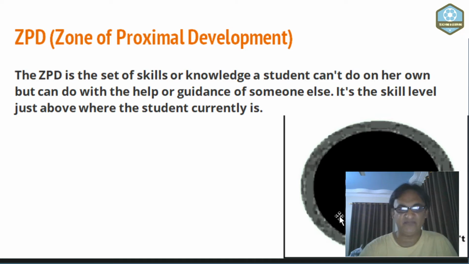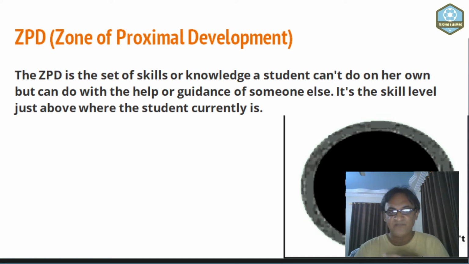Now, for example, take kindergarten students. Some of the students know how to say A, B, C, D, and these things, but they don't know how to read and write. So these learners come in the domain of the ZPD, and the teacher or instructor helps them to read and write.